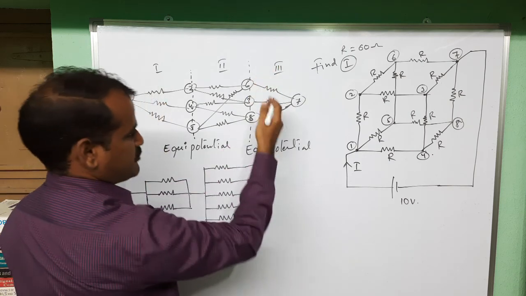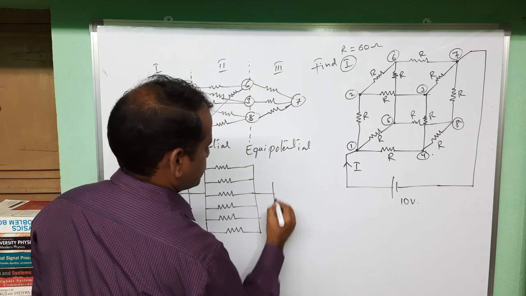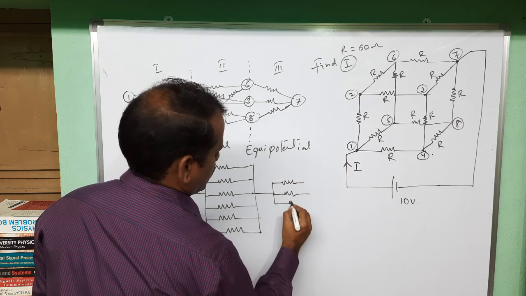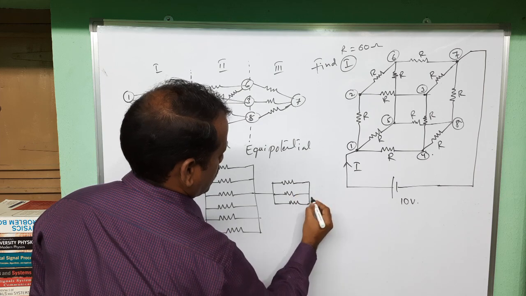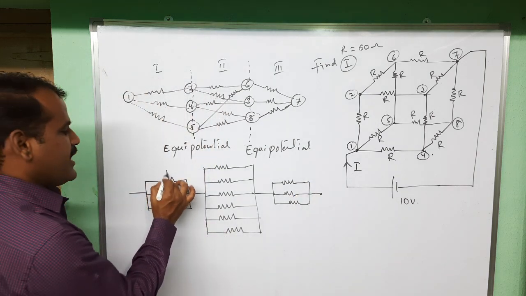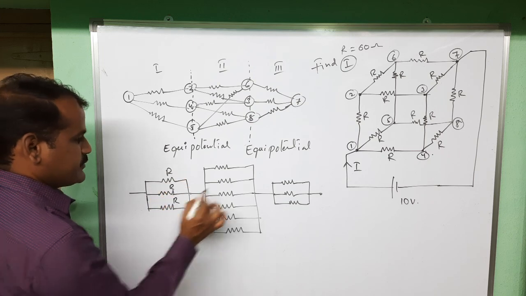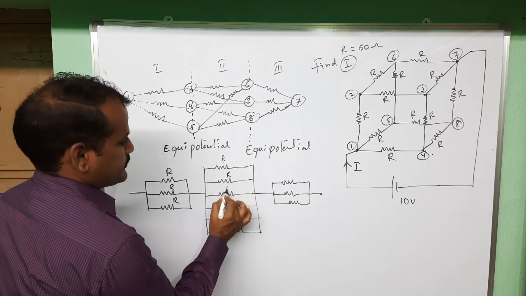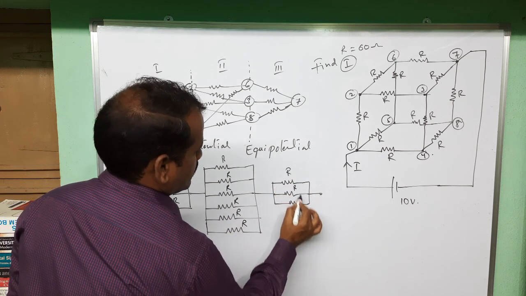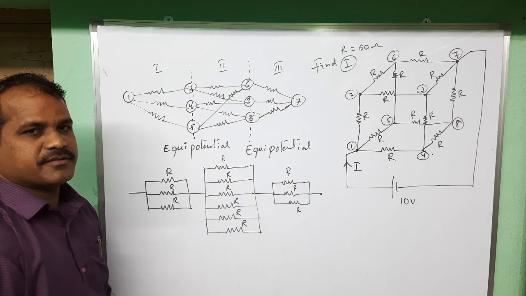And in the third stage also 3 resistors connected in parallel. Then what is the equivalent resistance we need to find now? These are all parallel combinations, and these 3 are connected in series.